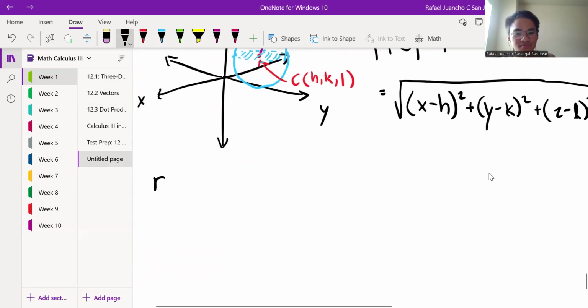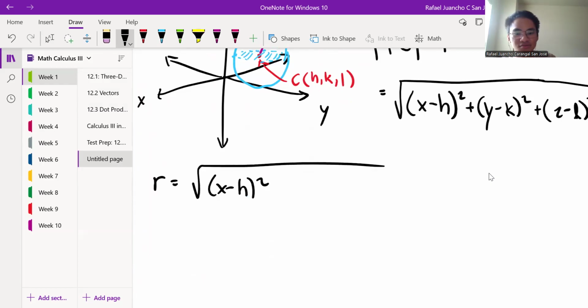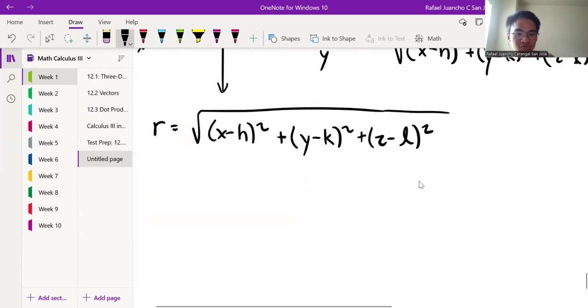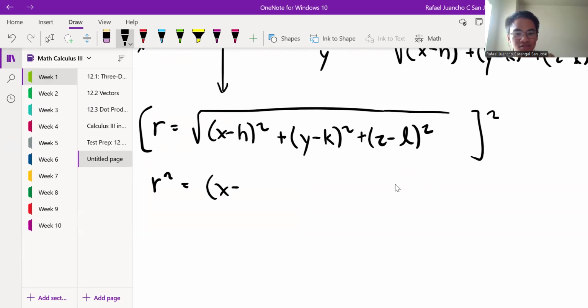Because remember, this thing, just rewrite it. z minus l. We can square both terms, and now we get something like R squared, and this cancels out the square root here.